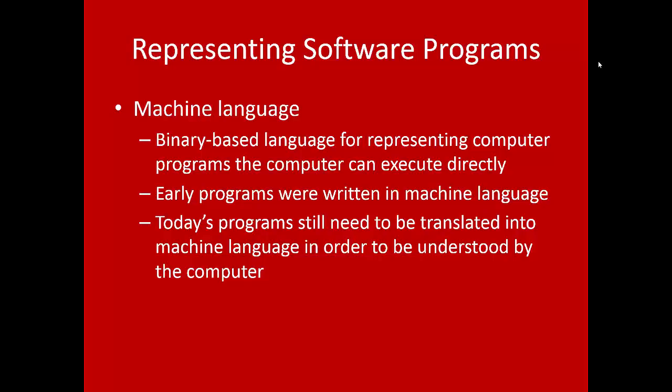Those lines of instructions are basically to be understood by the processor. They have to be converted into something called machine language, and your text talks about machine language and how when people write programs, they don't write software anymore in machine language, thank God.